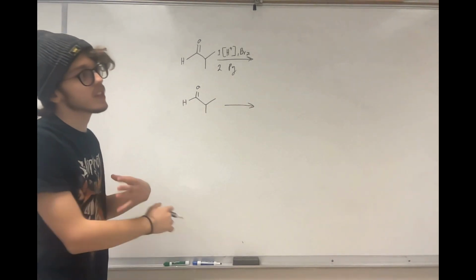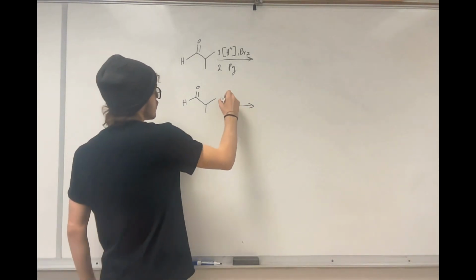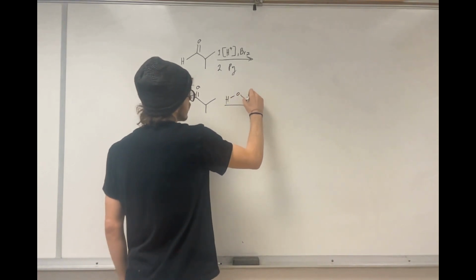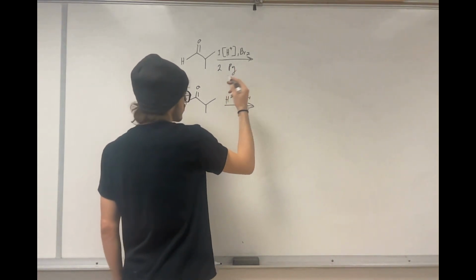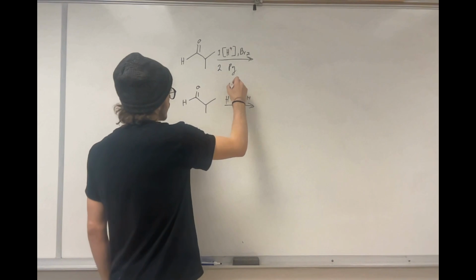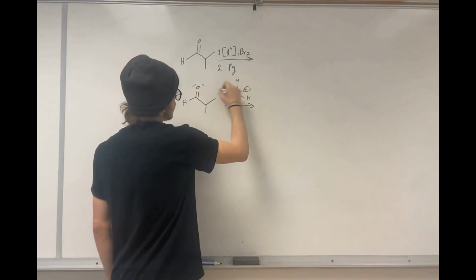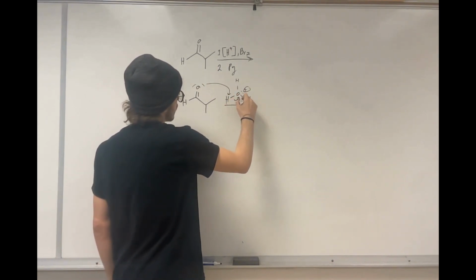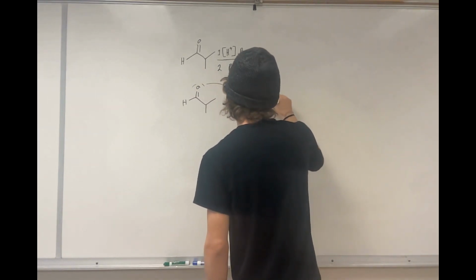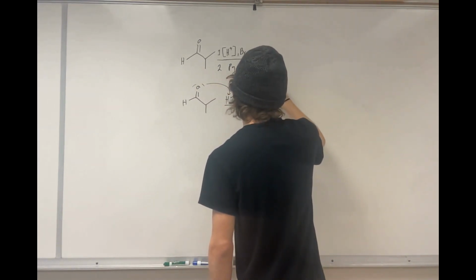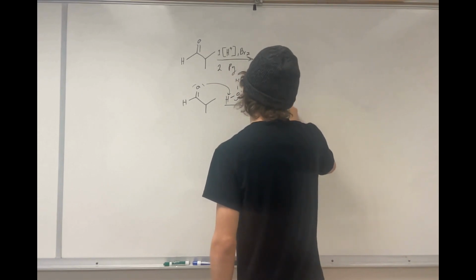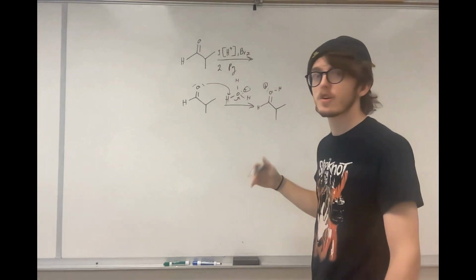So under acidic conditions, we first have to make the enol. So we're going to use an acid here. H3O plus works just fine. We're going to first protonate our carbonyl. Okay, so we get our protonated carbonyl.